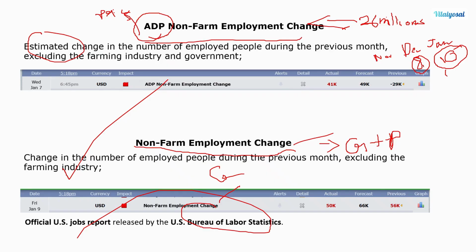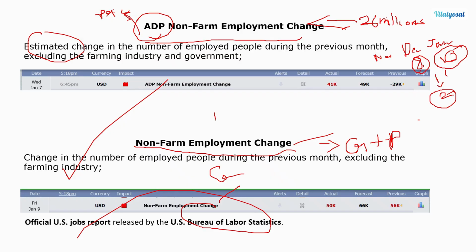Okay, let's assume January has 10 employees' data, December has 8 employees' data. That is 10 employees receiving salary in January, 8 employees receiving salary in December. Okay, here the difference is 2. That means 2 employees have been hired between these months. Okay, an extra 2 employees' salary has been calculated by ADP.